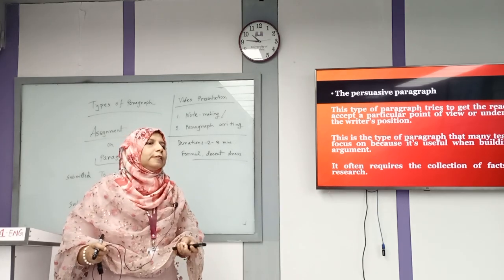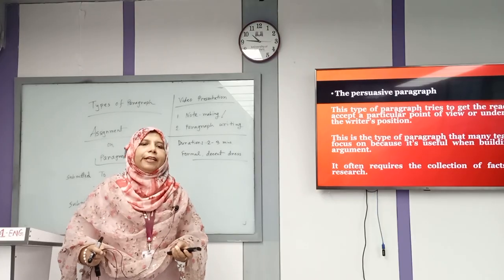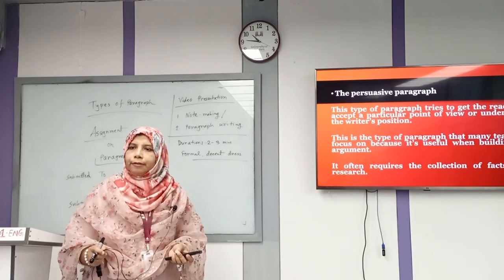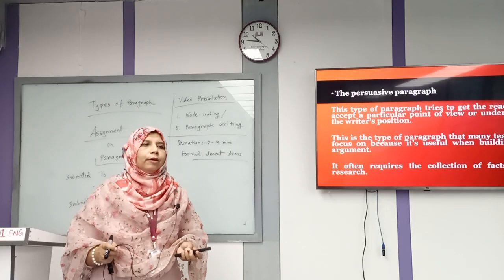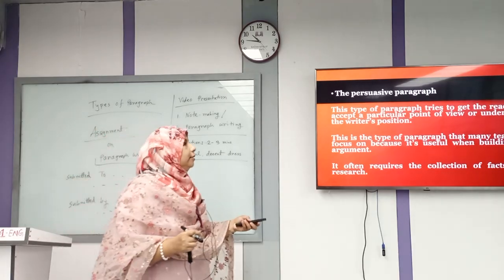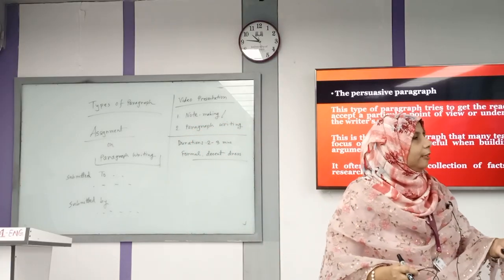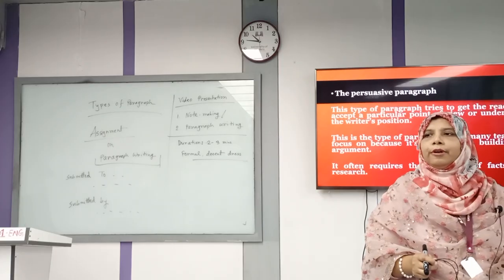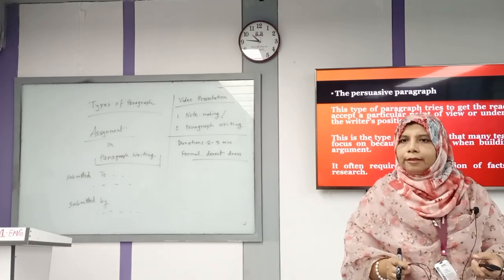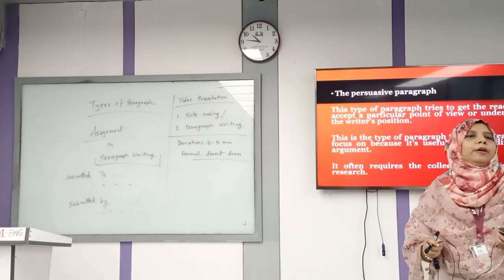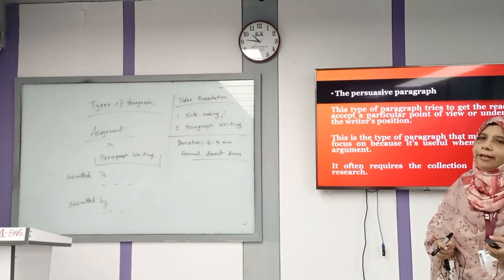Suppose that you are asked to write a paragraph on sea life, on the animals in the ocean, or the polythene or plastic, the use of polythene, or the effect of plastic on the environment.